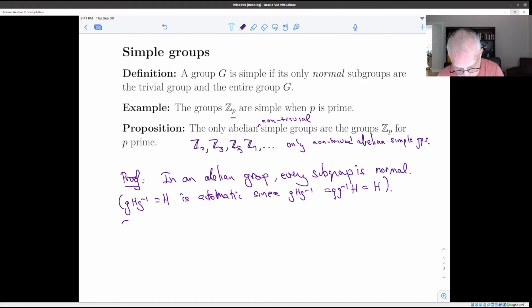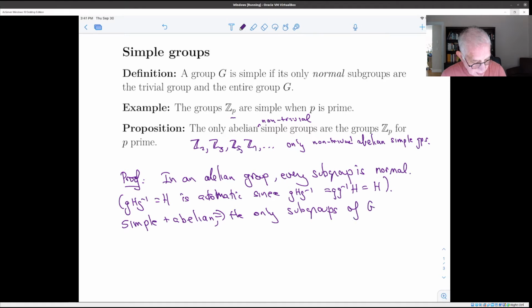So if you're simple and abelian, then the only subgroups of G, not just normal subgroups, are 0 and G.